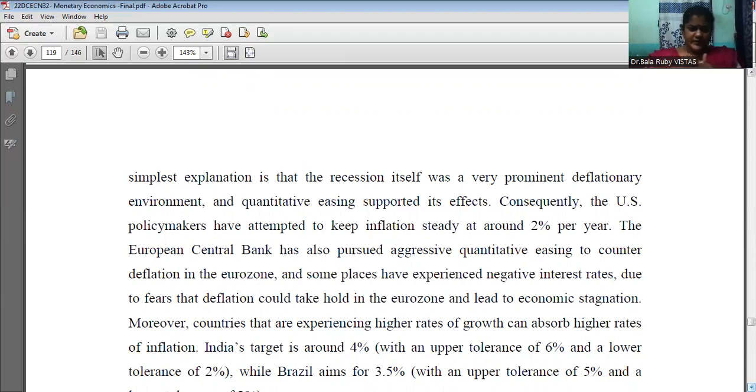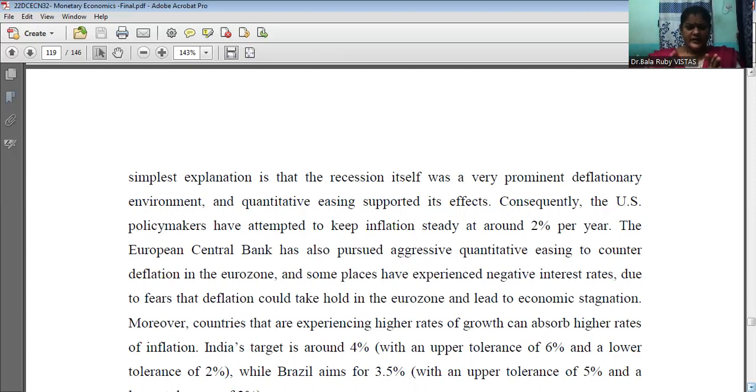The European Central Bank has also pursued aggressive quantitative easing to counter deflation in the Eurozone, and some places have experienced negative interest rates due to fears that deflation could take hold in the Eurozone and lead to economic stagnation.